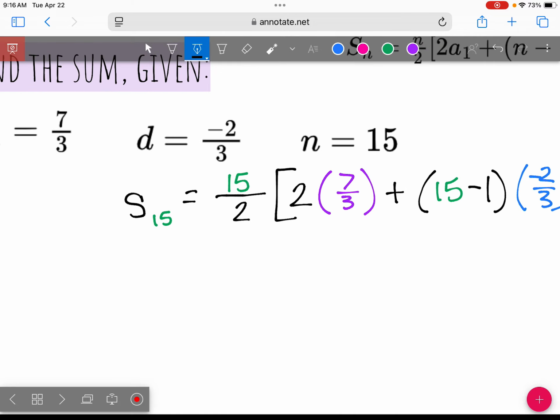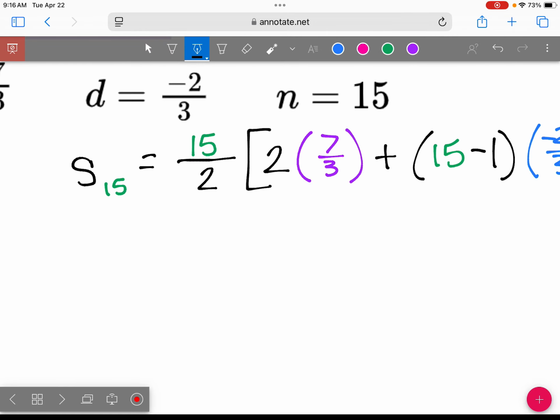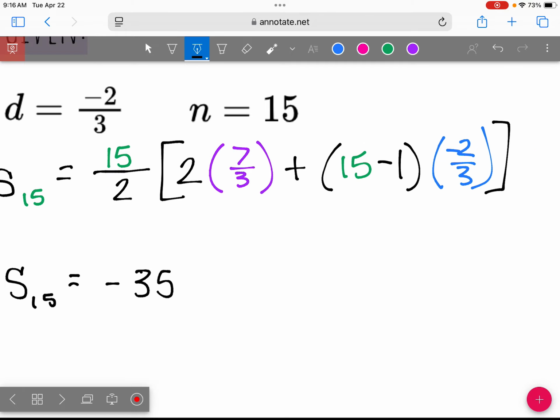And I know y'all are faster than me because I'm doing all the color changing. So what do we get as our sum of all these pieces? -35. We should wind up with a -35. We'll get 14/3 plus -28/3 times 15/2.